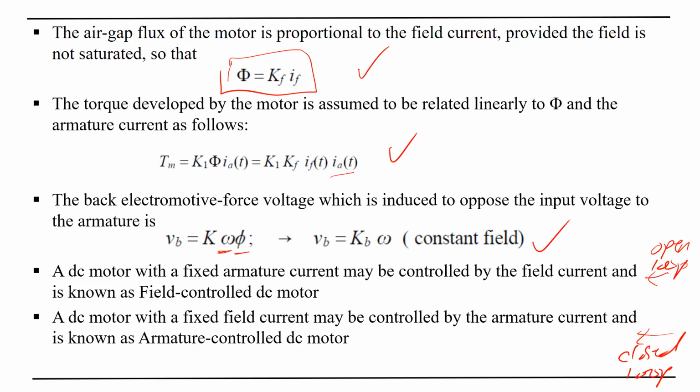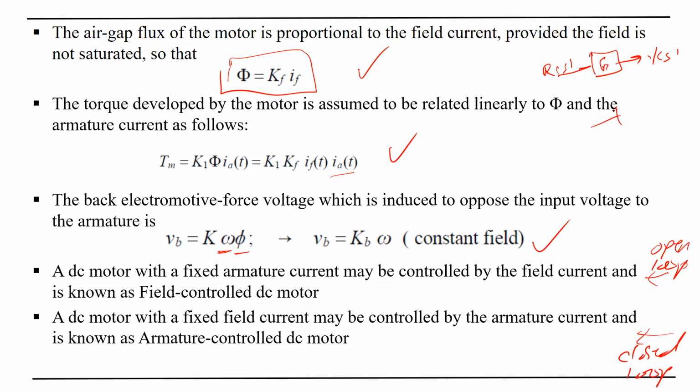It doesn't matter. Basically, remember what an open loop is? Suppose I have a system, this is G transfer function. This is, let's say, Y, and this is R. The input is not being affected by the output. I call it open loop.